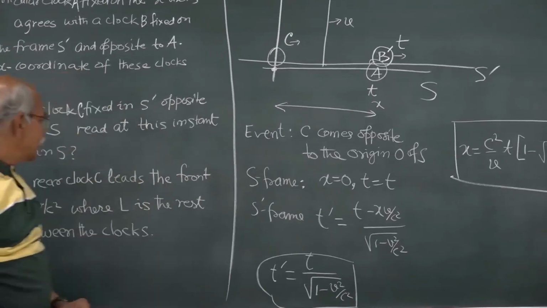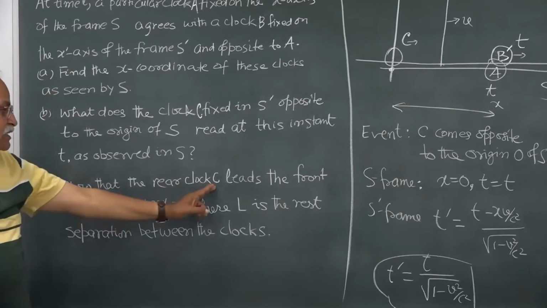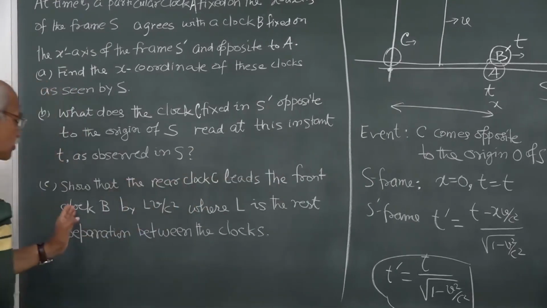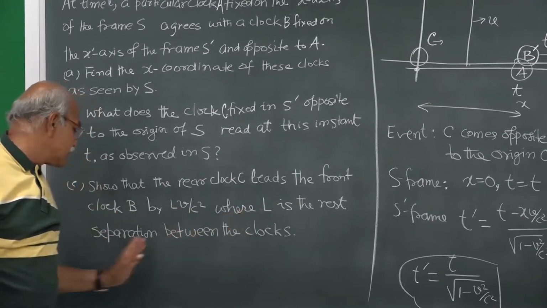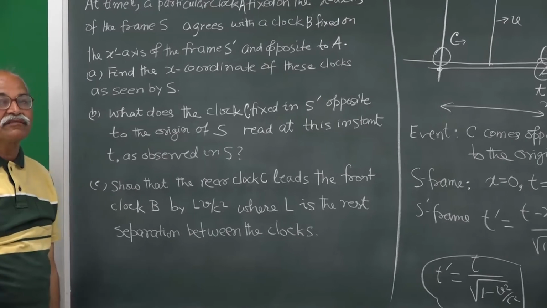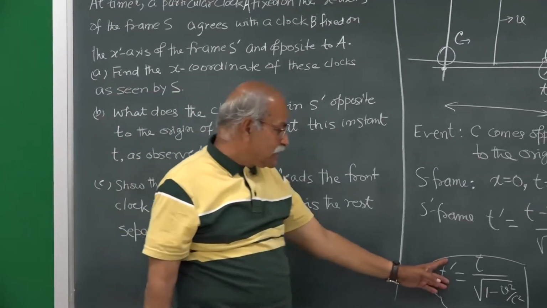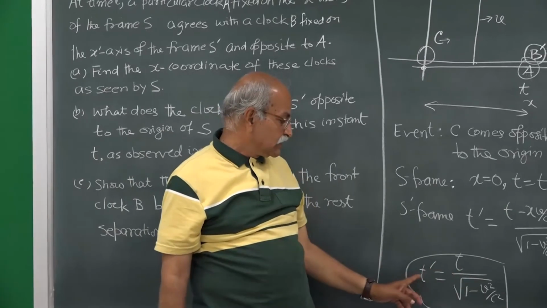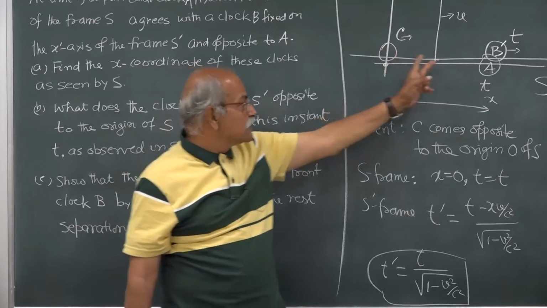And the third part is: show that the rear clock C leads the front clock B by LV by c square, where L is the rest separation between the clocks. You see this t prime is greater than t. So this reading is more and this reading is less.